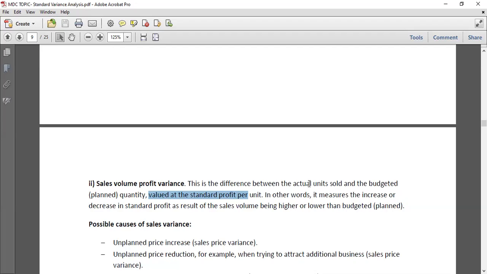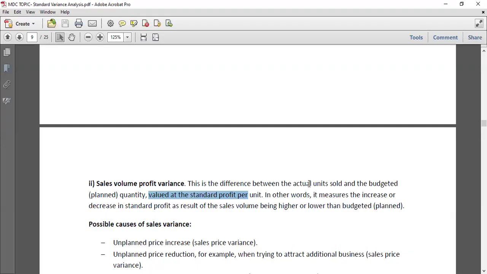Maybe my planned quantity was 1,000, but my actual quantity was, let's say, 600, so you can get the picture well.